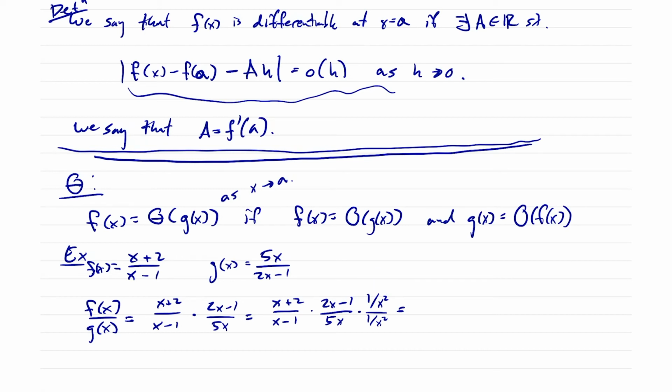And ultimately, what do I get? I get 1 plus 2 over x on the top. On the bottom, I get 1 minus 1 over x times 2 minus 1 over x divided by 5. Now as x goes to infinity, this term and this term all go to 0. And so as x goes to infinity, we get 1 over 1 times 2 over 5, and so we get 2/5.